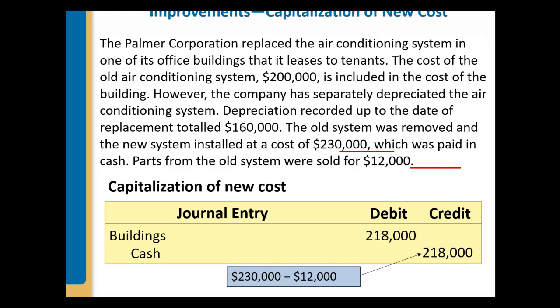Since cash is paid for the purchase of the new building of $230,000 and cash of $12,000 is received for the sale of the parts of the old system, cash is credited for the difference of $218,000.